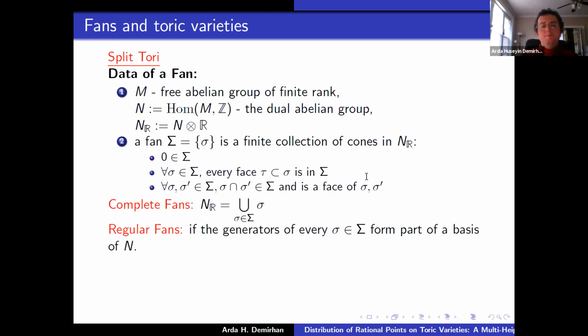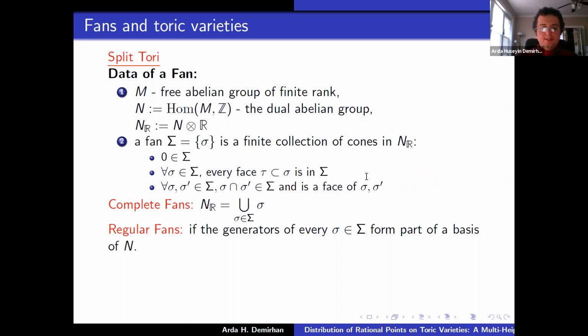Some particular fans are easy to work with. There are complete fans, such that the union over all cones gives the whole real space N_R. There are also regular fans.